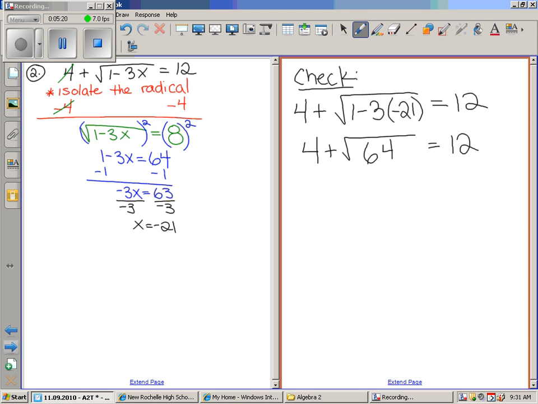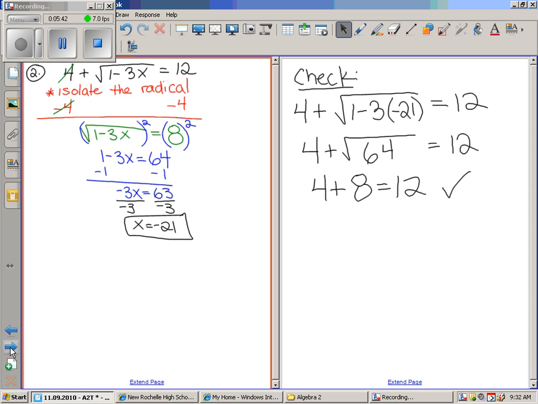Yep. You multiplied negative 3 times negative 21. Yeah. So this is just 4 plus 8 equals 12. And I'm going to stop right here. This is good enough for a check. Yeah, we are good to go. Let's put a square around our answer over here, indicating that we're accepting it. And that's it.